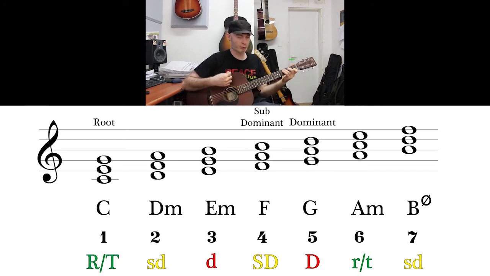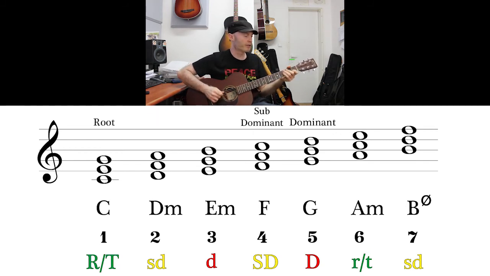For instance, this was a root. So same thing if I play it minor. If I'm in an A minor scale, the A minor scale and the C major scale are the exact same notes. We just start them in a different place. This is the C scale.